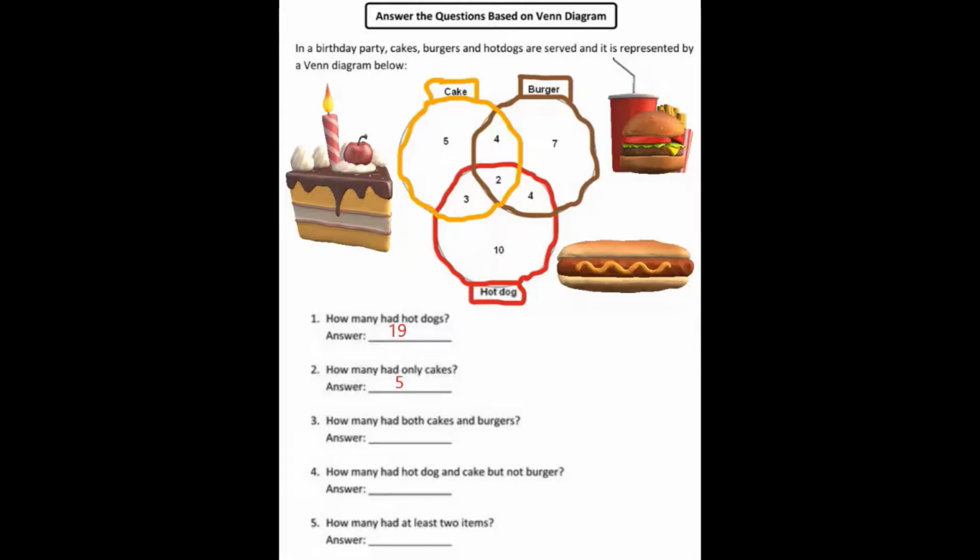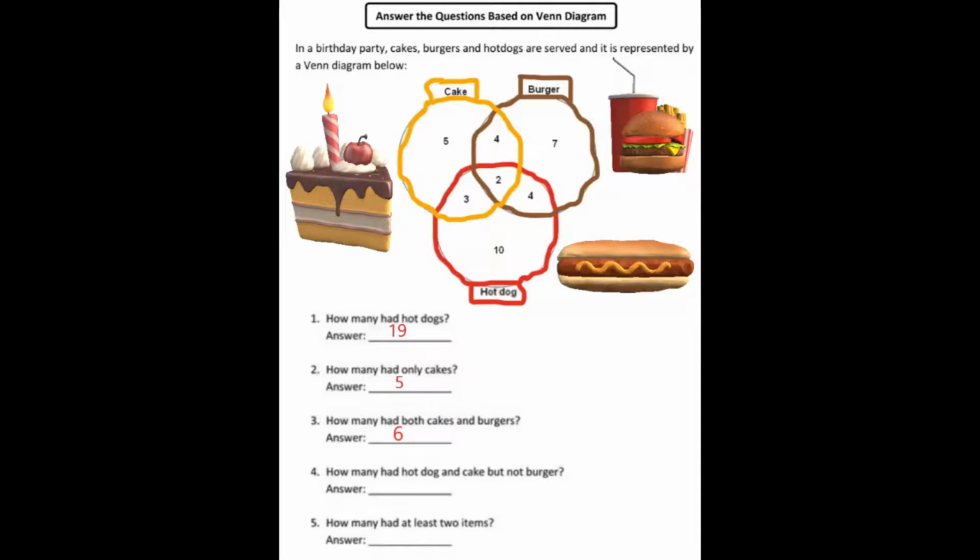So if we look on the Venn diagram, we see here that the number 4 intersects with both cake and hamburgers. And the number 2 also intersects with cake and hamburgers. So you take 4, add it to 2, and your answer is 6.